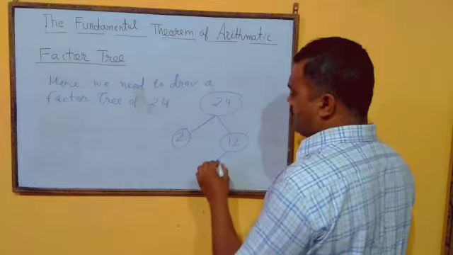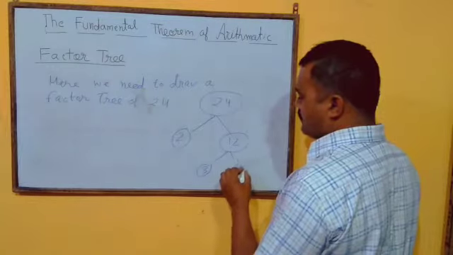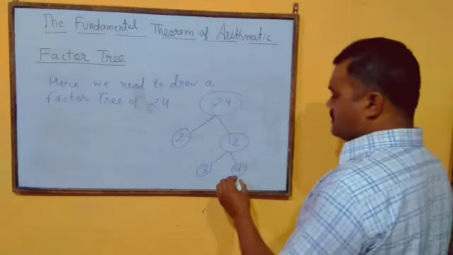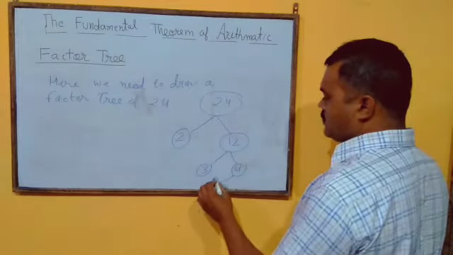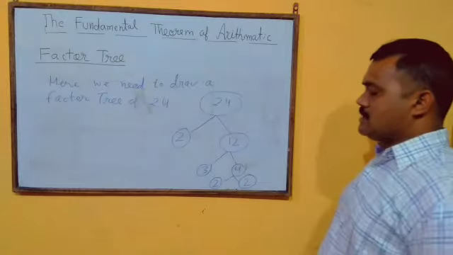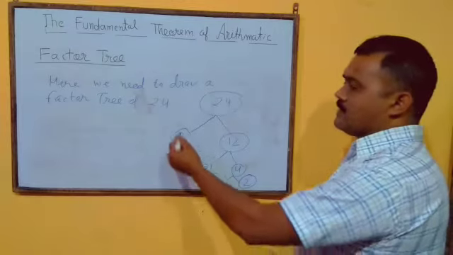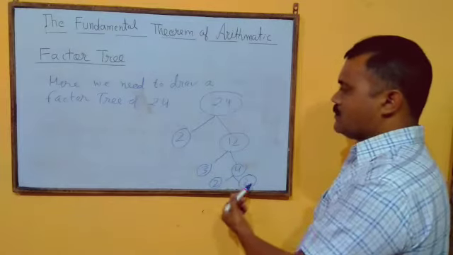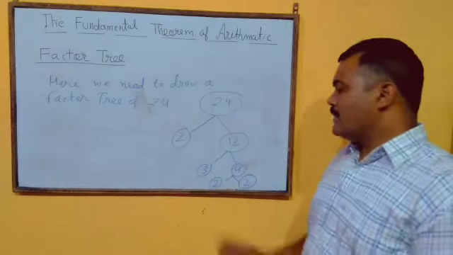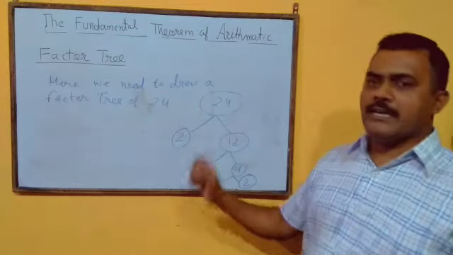Now 12 will be 3 into 4, and 4 will be 2 into 2. So all these numbers are the prime factors of 24. 2, 3, 2, 2 are the prime factors of 24. So a factor tree is helpful to find the prime factors of any number.